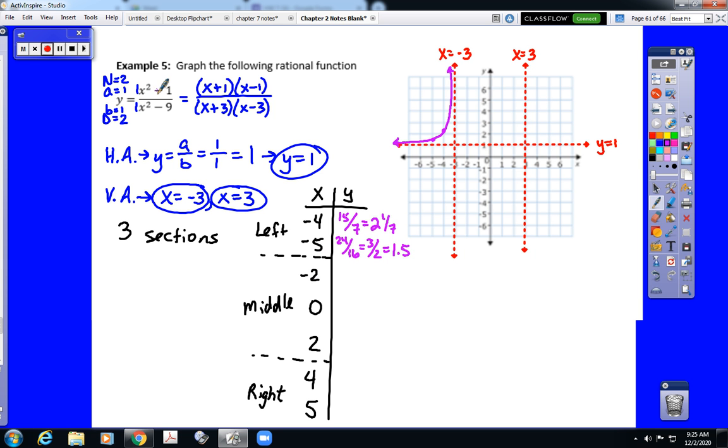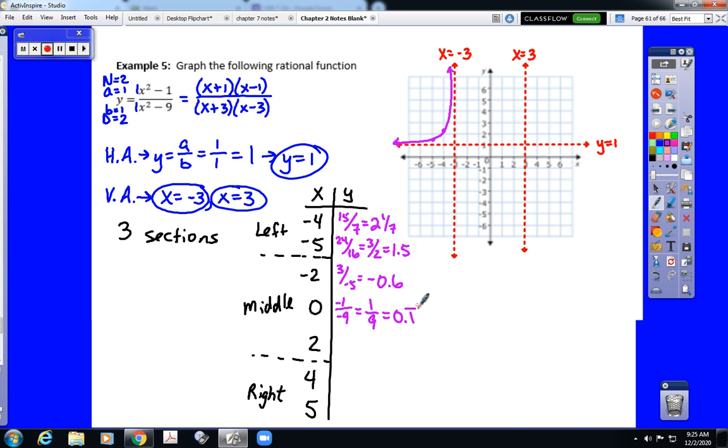In the middle, -2 goes in here. That's 4 minus 1, which is 3, over 4 minus 9, which is -5. So that is -3/5, which is -0.6. When we plug in 0, we have -1 divided by 9, or -1/9, which is very, very close to the origin.